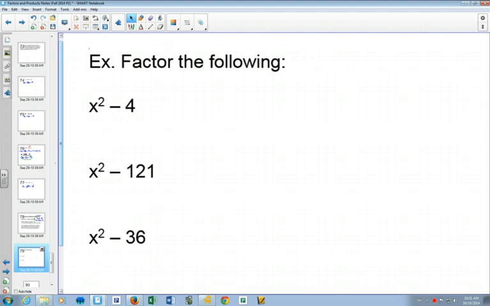And again, after you factor each one, do a quick check by multiplying it out to see if you're right. Okay, how did you do?